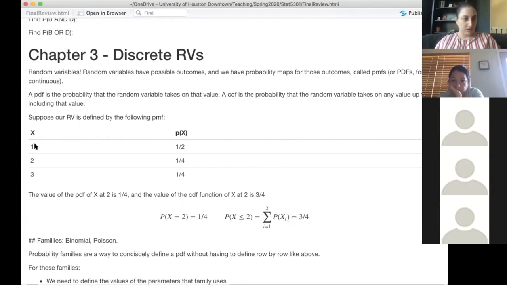So the probability that X is 1 and the probability that X is 2. I'm a little sloppy with my notation there, but hopefully you're understanding where this is coming from. The probability that X is less than or equal to 2 is the probability that it's equal to 1 plus the probability that it's equal to 2. In this case, that would be 3/4.